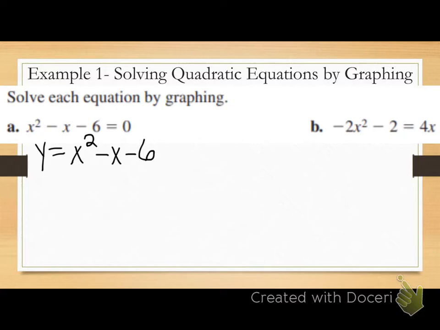Does anyone know what the graph of a quadratic looks like? It's not a line. It's kind of a U shape, right? It's called a parabola. Everyone say parabola. Parabola. So it's going to be a parabola.